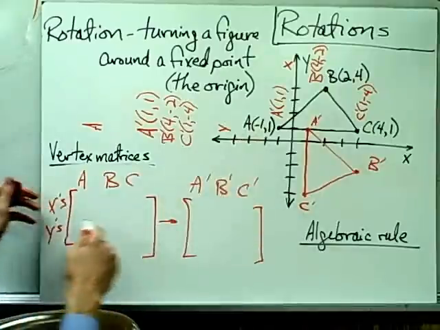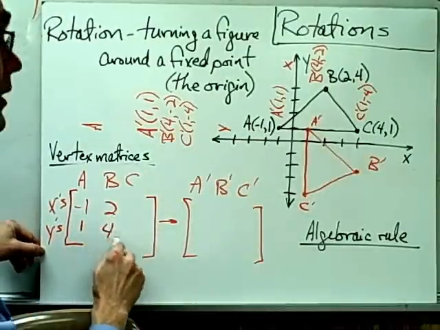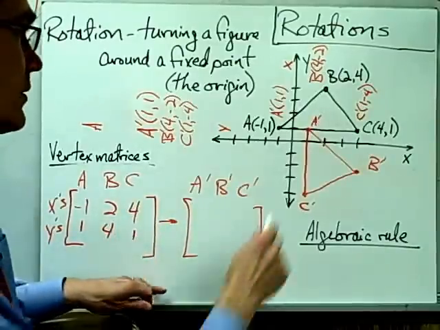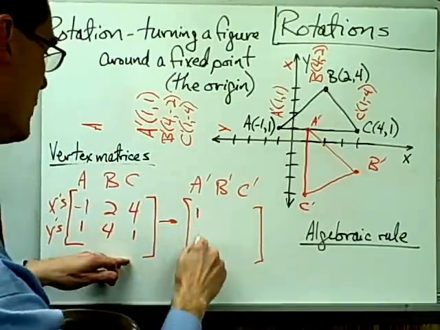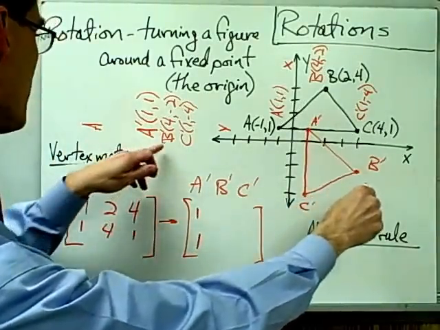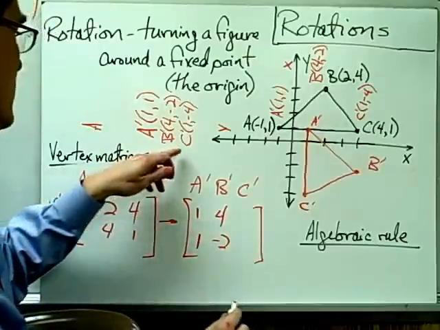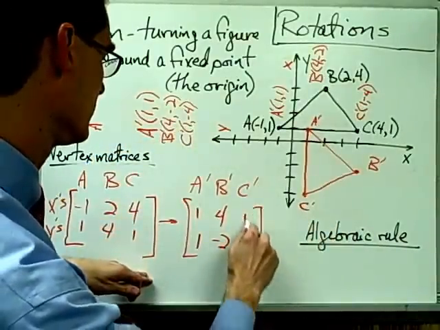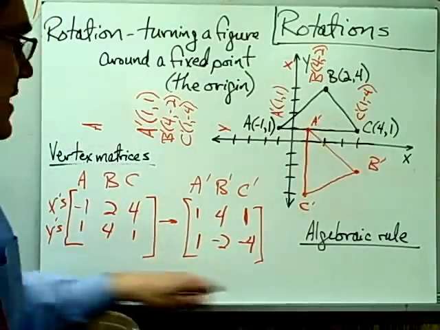My original triangle is negative 1, 1, 2 on top and 4, 4, 1 on the bottom. My rotated triangle: A prime is 1, 1, B prime is 4, negative 2, and C prime is 1, negative 4. All right, so there are my vertex matrices.